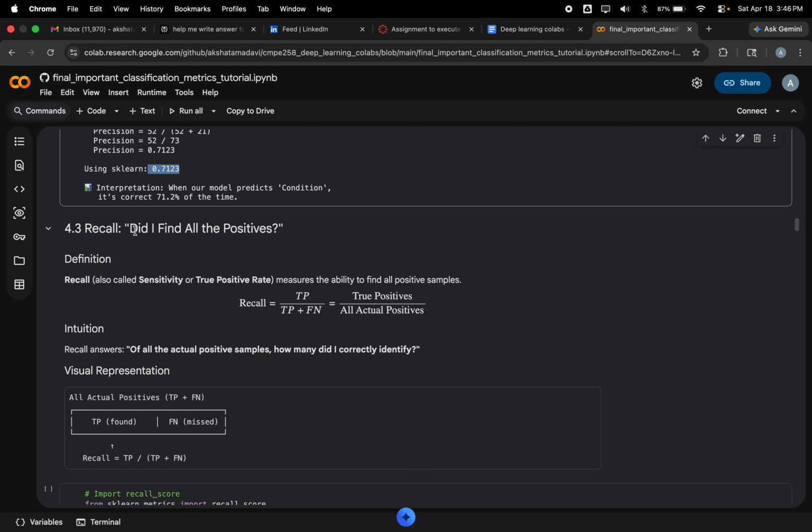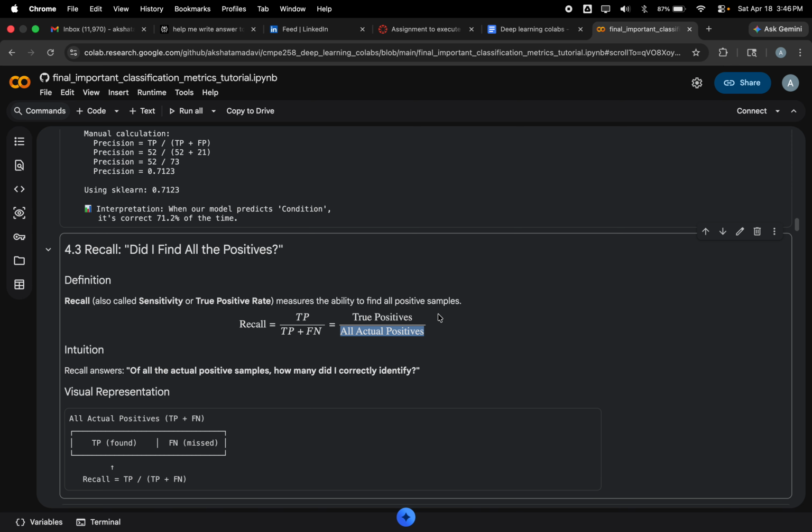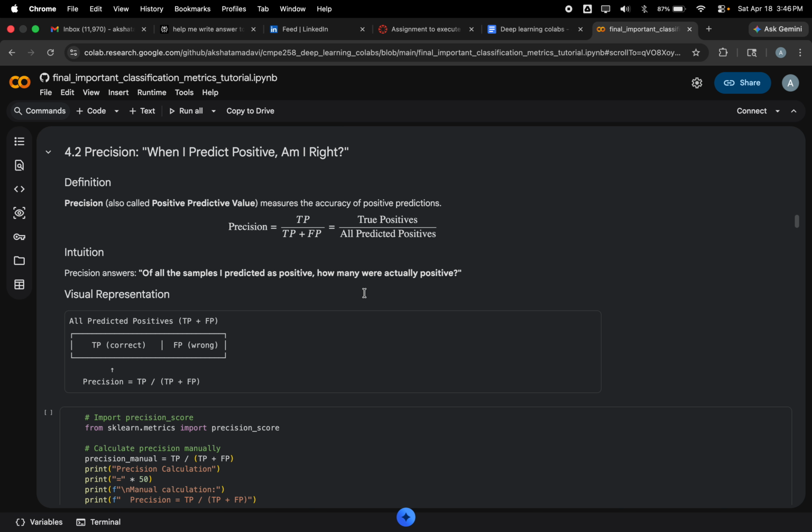Now let's look at recall. Recall asks, did I find all positives? It is also known as sensitivity, or true positive rate. It measures the ability to find all positive samples. It's true positives divided by all actual positives. Whatever I have predicted, how much was correct, that's precision.